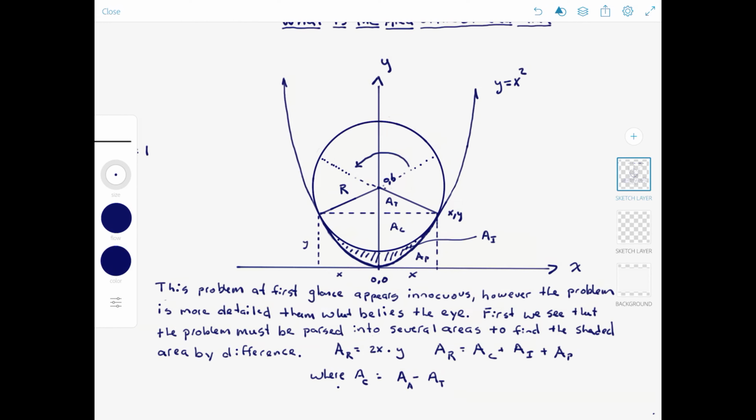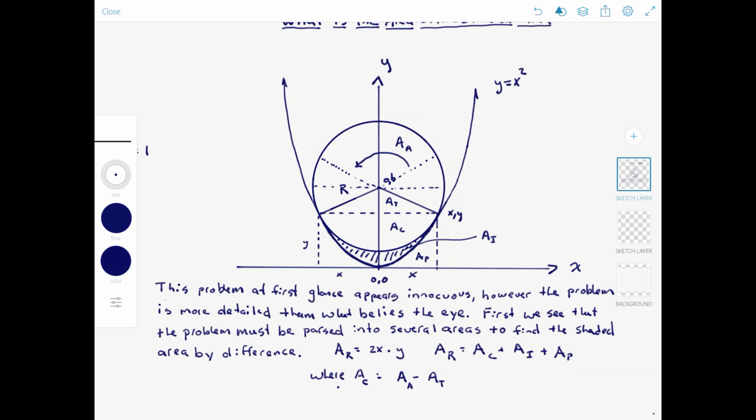And we have to subtract the area of the triangle AT in order to get that portion of the circle's area, AC. So that's why AC is AA, the area of the circle between whatever angle that's formed.